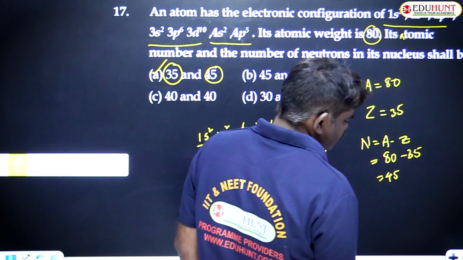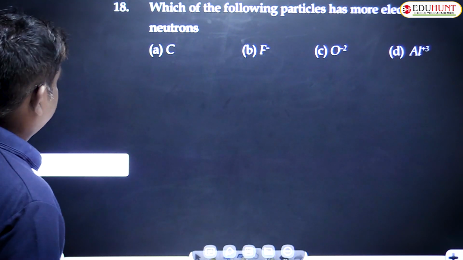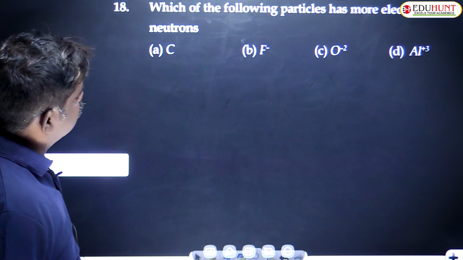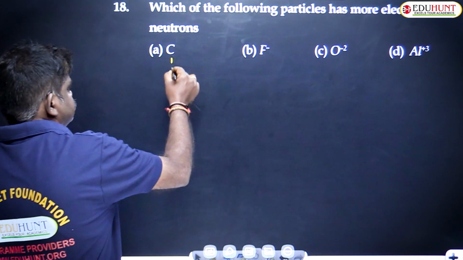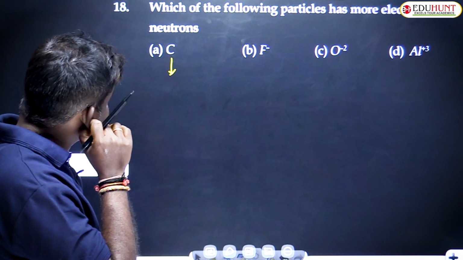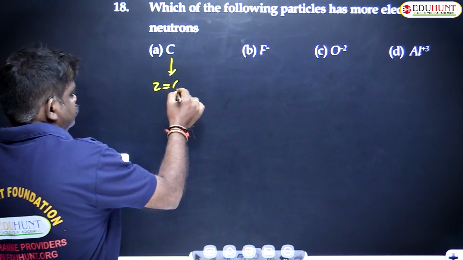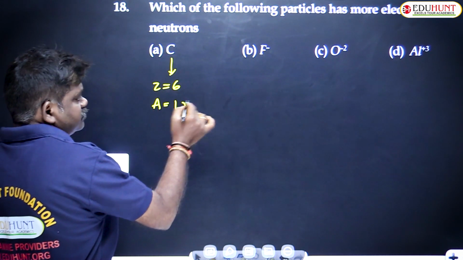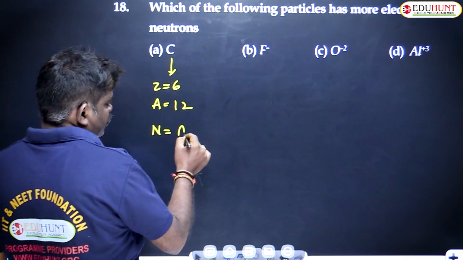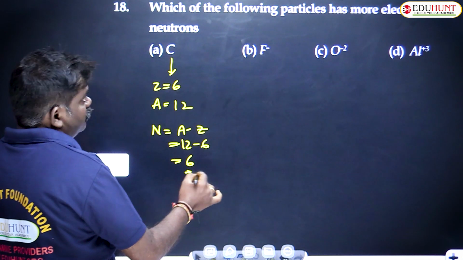Okay. Now another question. Which of the following particles has more number of electrons than neutrons? For example, if you take carbon, atomic number 6, mass number 12, the number of neutrons is A minus Z, that is 12 minus 6, 6 neutrons.